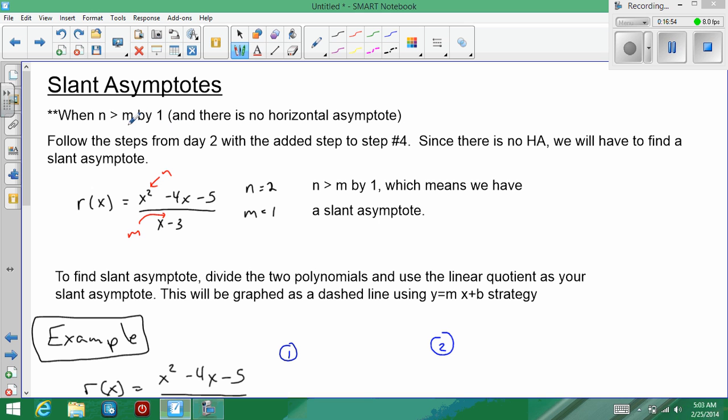But slant asymptotes only happen when n is greater than m by 1. So we follow the same steps from day 2 with an added step to step number 4, where you have to do division to find your slant asymptote. Since there is no horizontal asymptote, we'll find the slant. Okay?